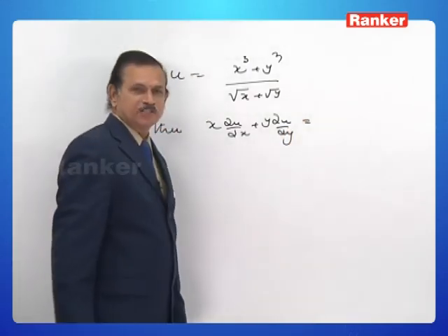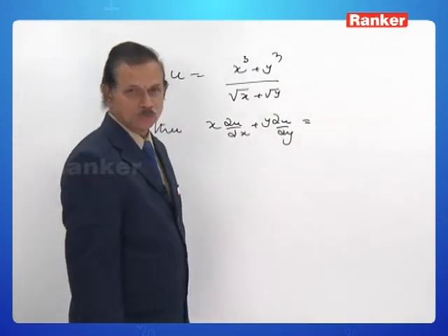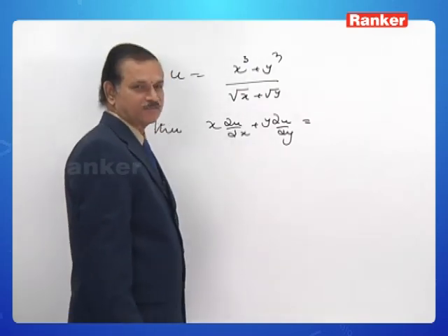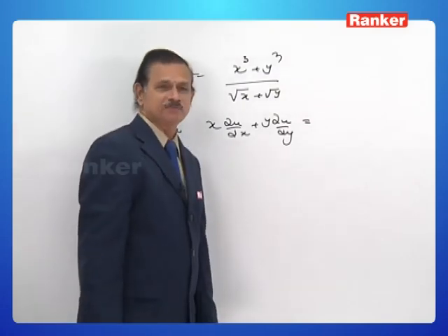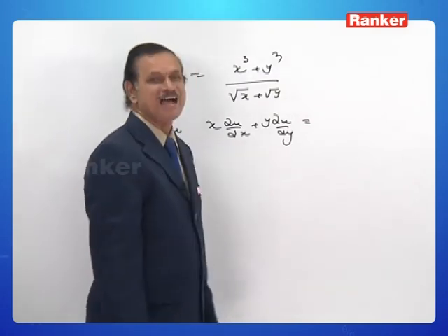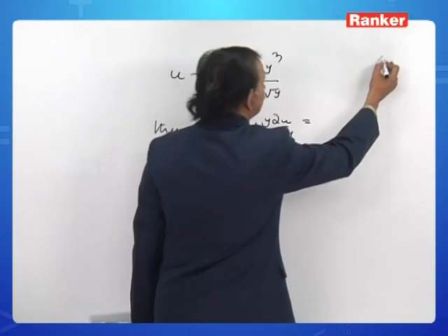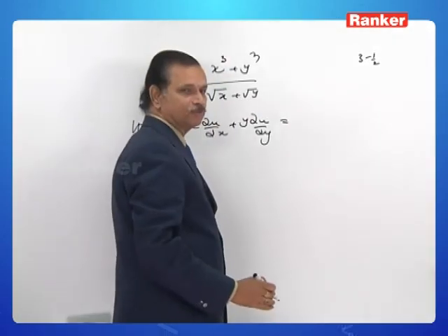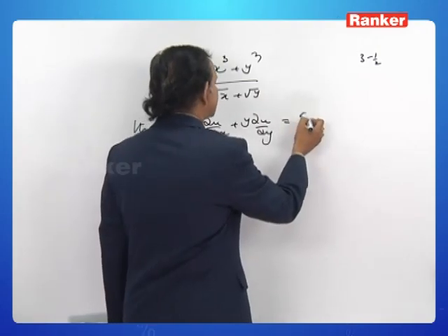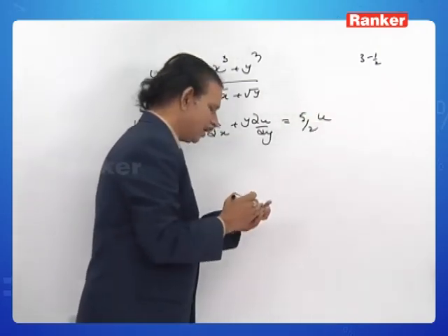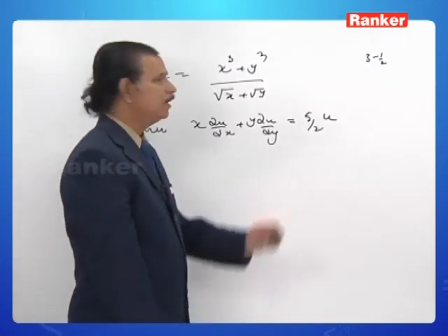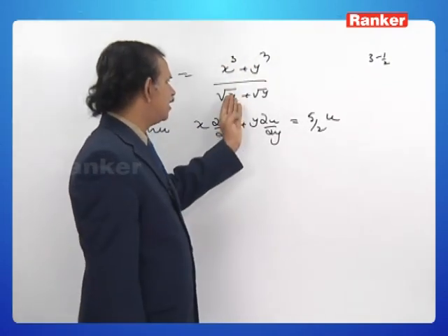Let us observe one or two simple applications of this Euler's theorem. Then x dou u by dou x plus y dou u by dou y is equal to, first of all calculate the degree of that expression. Numerator is of third degree, denominator is of degree half. So u is a homogeneous function of degree 3 minus half, which is 2 and half, that is 5 by 2. Hence the answer is 5 by 2 into u. Why is it homogeneous? Because the numerator is third degree, the denominator half degree.